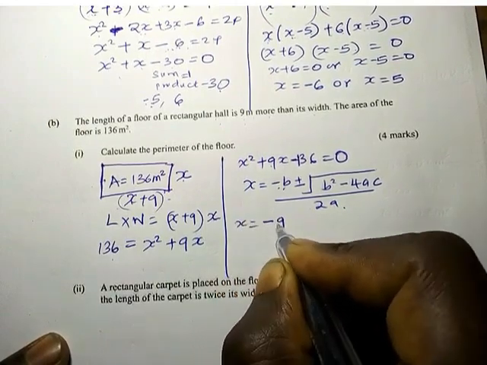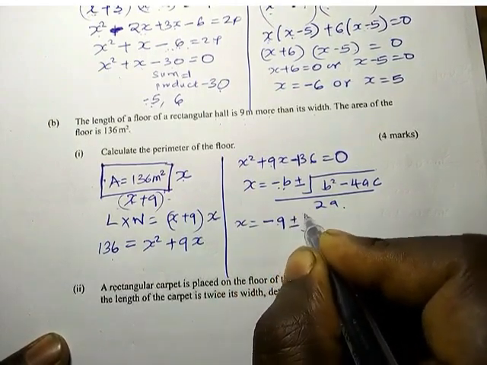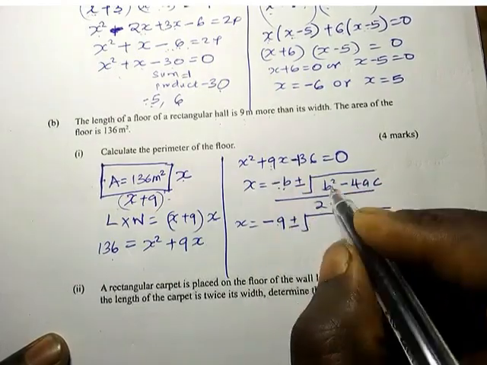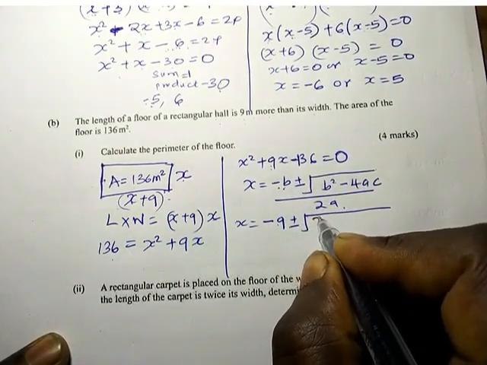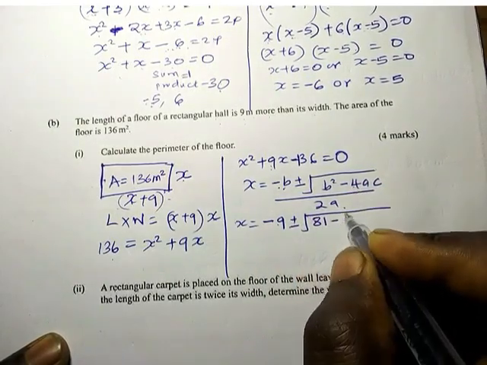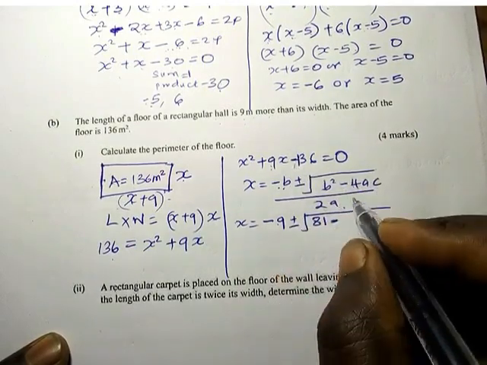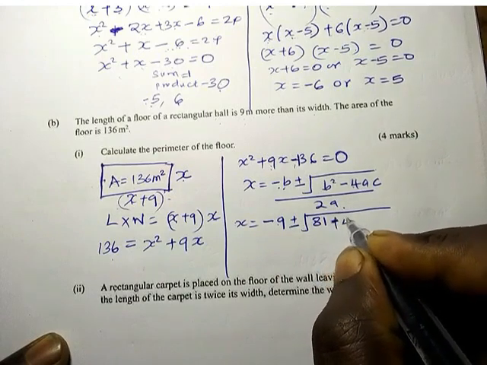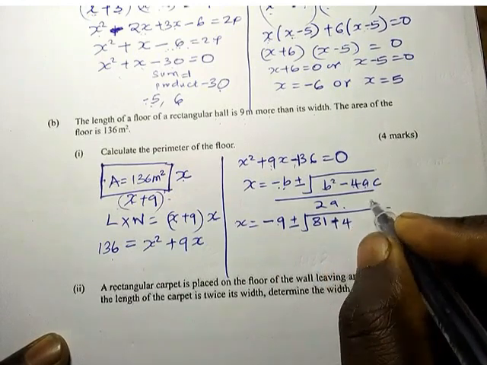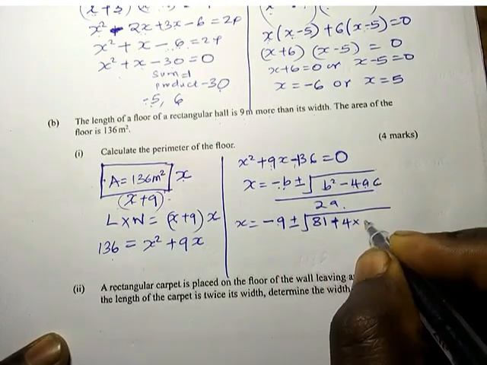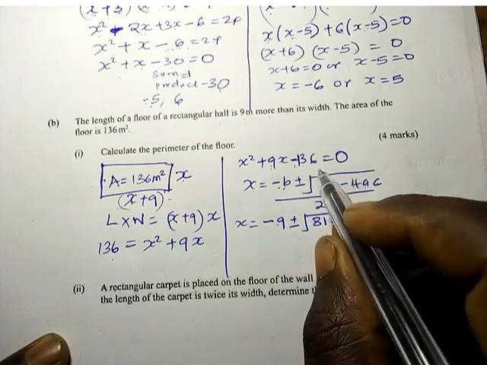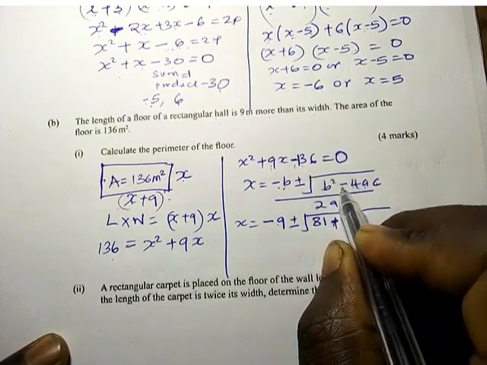So x is equal to -9 plus or minus the square root of b squared, which is 81, minus 4 times a, which is 1, times c, which is -136. So this negative and this negative will be positive.